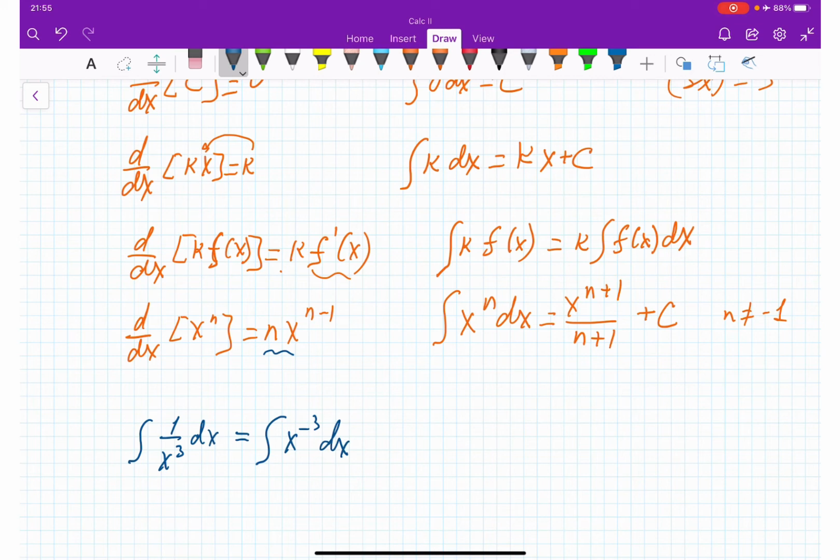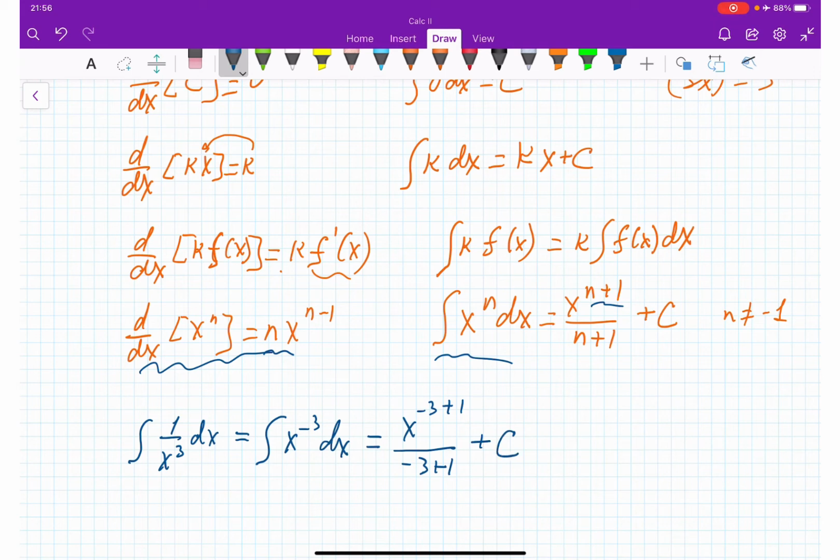Then I would apply the integral for the chain rule, because here we have the chain rule of the derivative. It is going to be equal to x to the power negative 3 plus 1, based on this formula, divided by negative 3 plus 1, plus c.